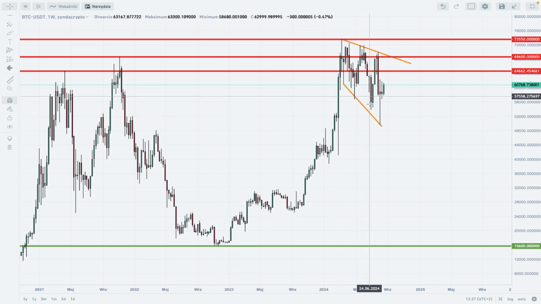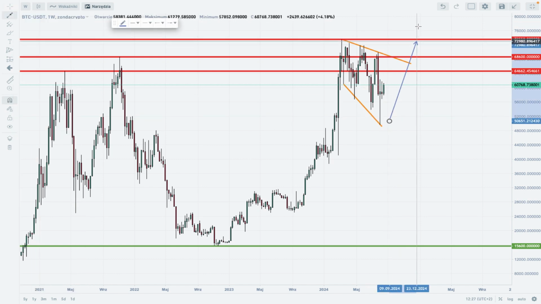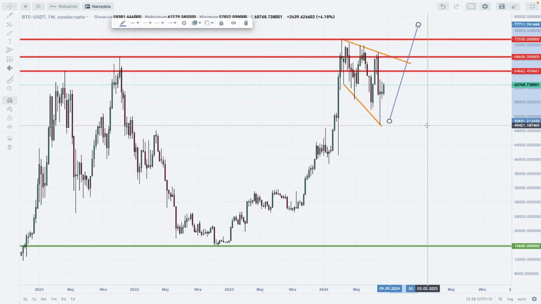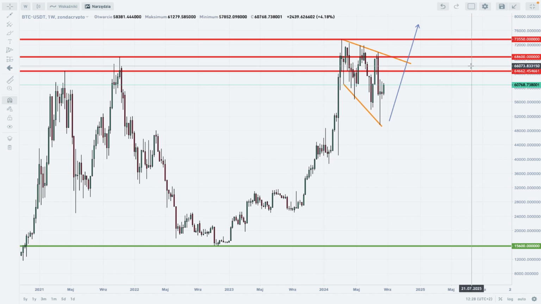There is an expanding triangle formation, which is a continuation pattern, and now we are waiting for the breakout to the upside once this formation is done. So this supply zone, 64,662 to 73,550, this is the range of this supply zone, will not be strong enough to stop the bulls, basically.